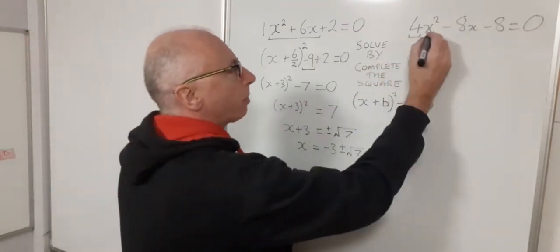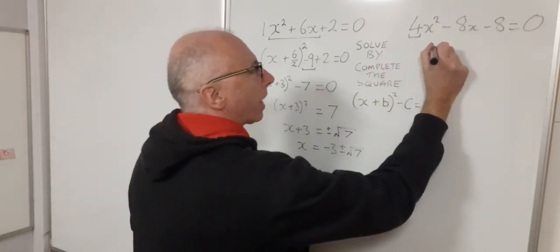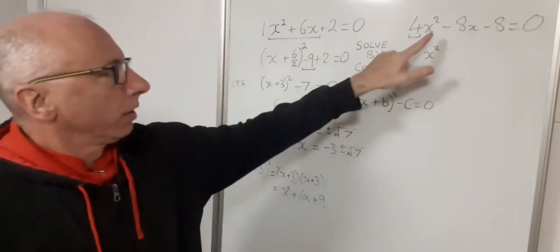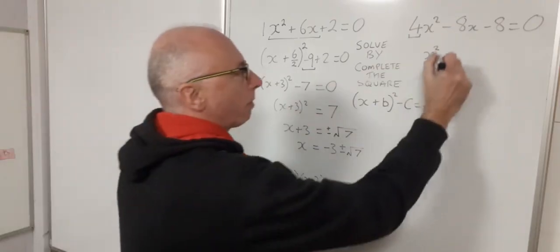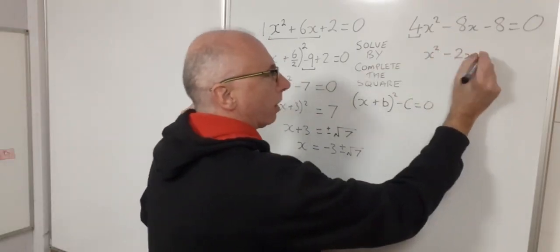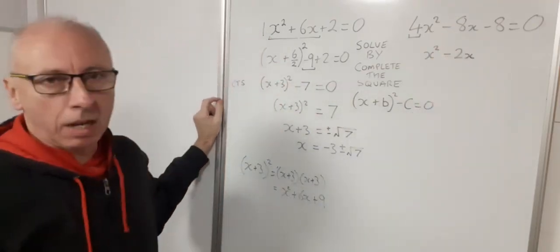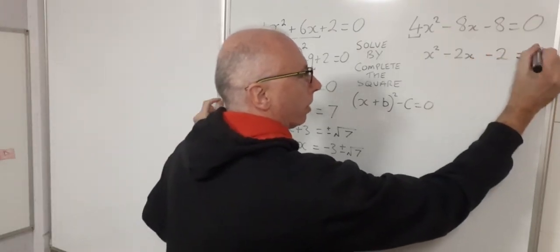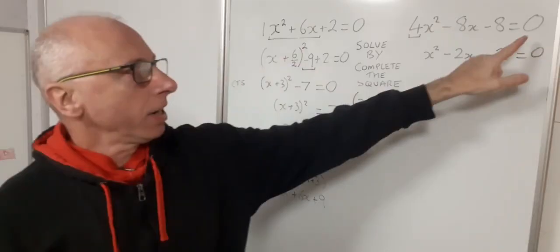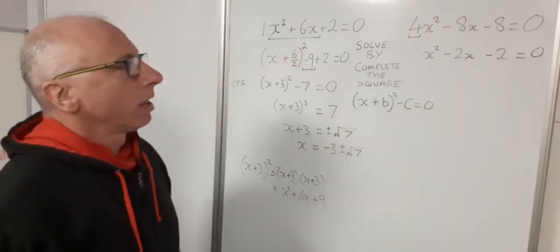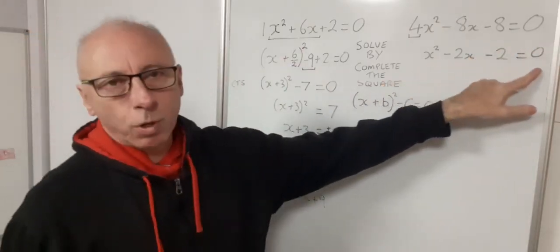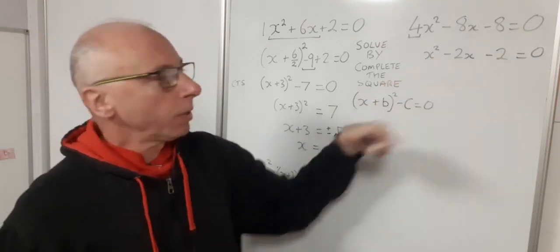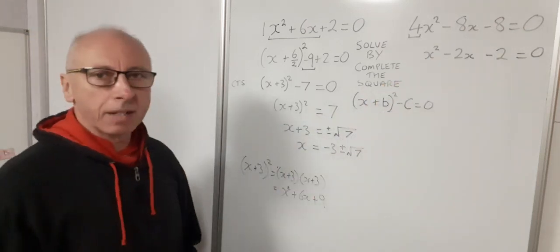If I divide this by 4, I'm left with x squared. Divide this by 4, I'm left with minus 2x, and divide that by 4, I'm left with minus 2. And obviously dividing 0 by 4, I still have 0. That would still yield the same quadratic if I graph it, with the same solutions. So that's a valid move.